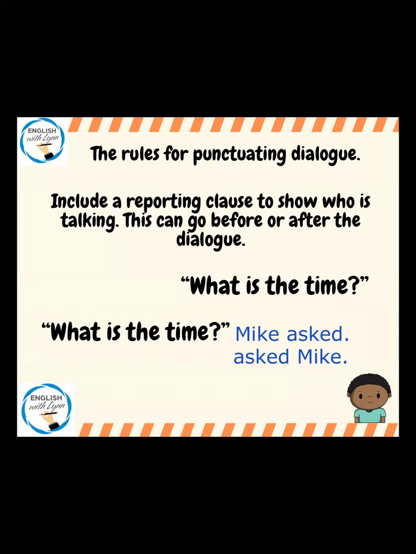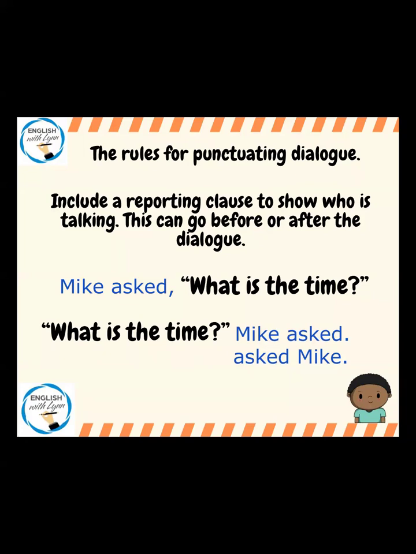If I'm putting the reporting clause before it, I need to say Mike asked what is the time. There is another rule that we will learn in a minute, but I need to put a comma after that part to introduce the speech, but we will speak about that rule in a second, okay?